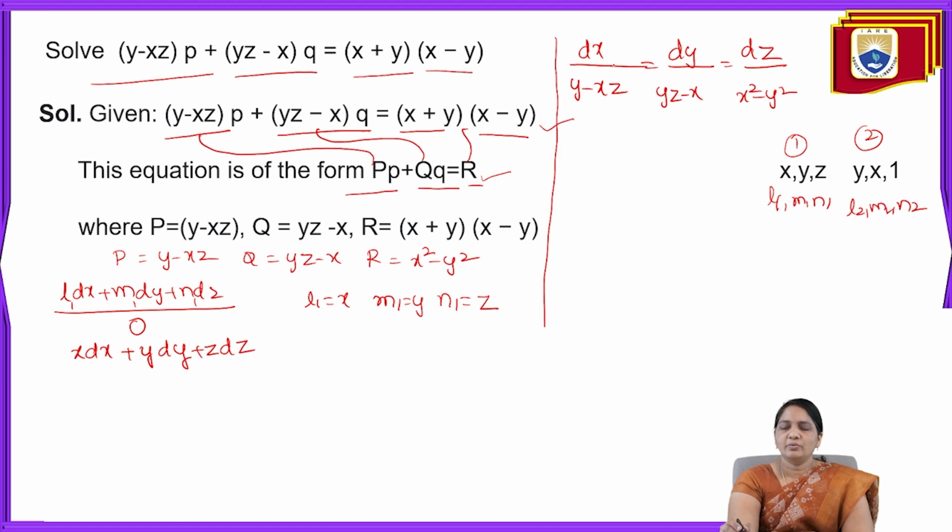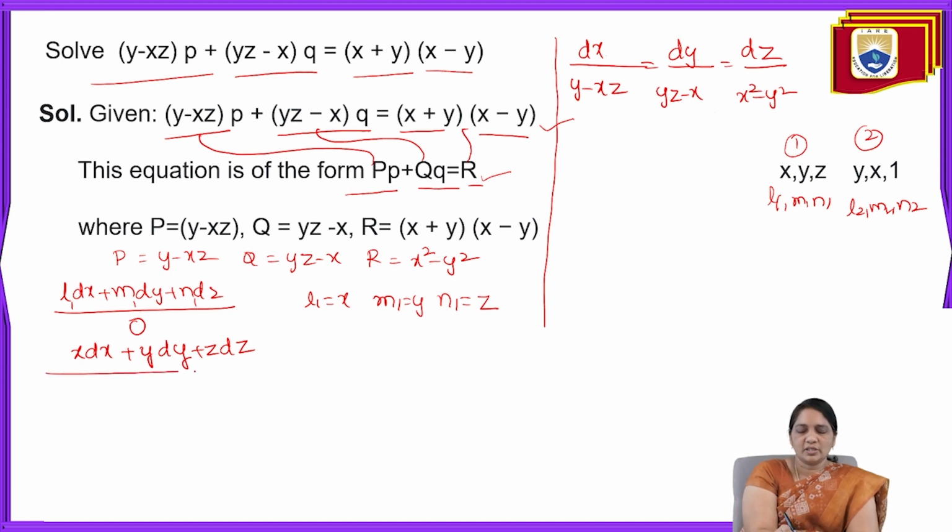Now we are doing x dx plus y dy plus z dz in the numerator, so the denominator value also we are going to multiply. So x into (y minus xz) plus y into (yz minus x) plus z into (x square minus y square).